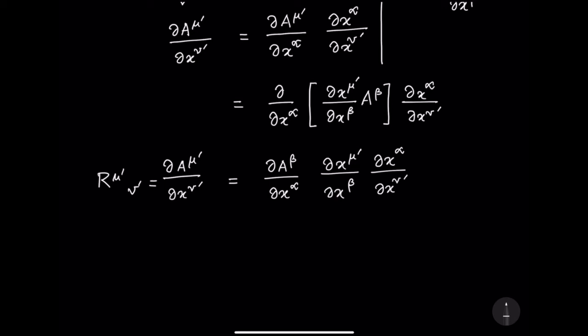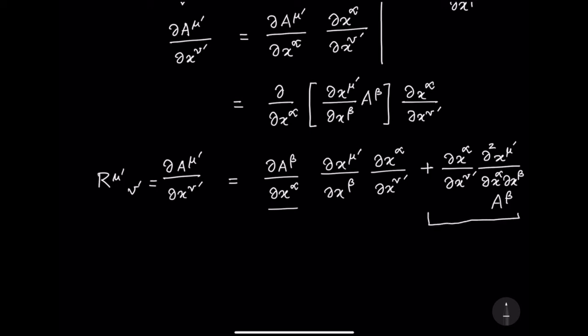This is how exactly, if R is a tensor, it is supposed to transform, because this is just R alpha beta or R beta alpha. But then I have this extra term which is unlike a tensor. So this term makes sure that it is actually not a tensor.